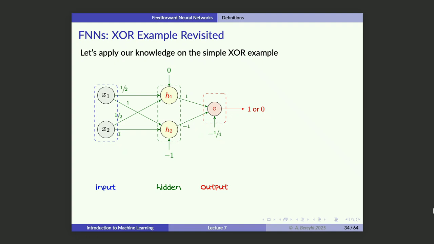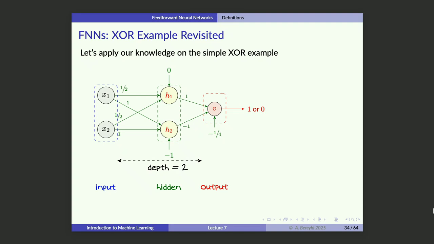Now, input layer, X1, X2. We have one hidden layer. We have one output layer. What is the depth of this neural network? What is it? 2? Yeah? And what is the width of the hidden layer? It's again 2, right? What is the width of the output layer? 1. What is the width of the input layer? 2. Great. So you got the idea.